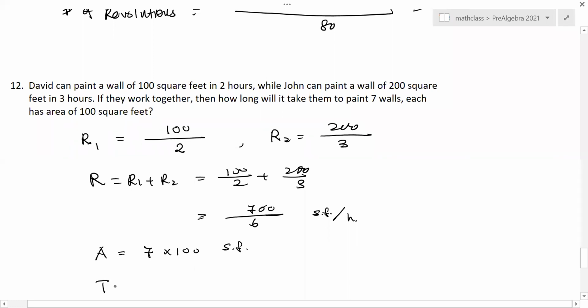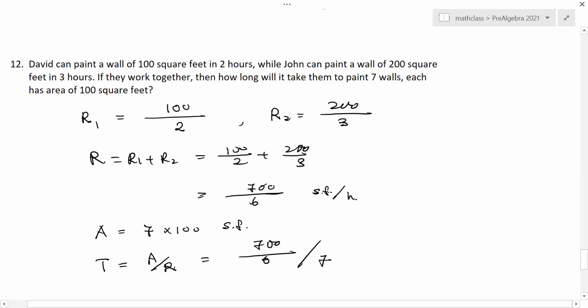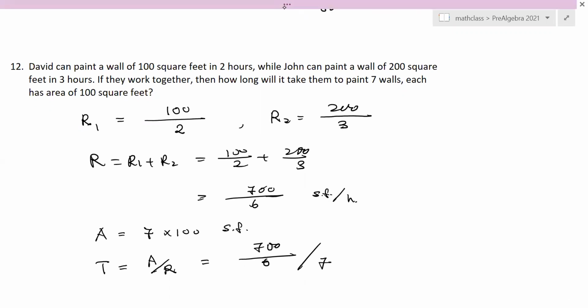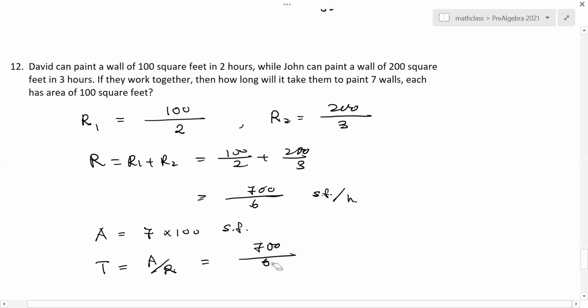So the time is going to be the area divided by the rate. It's going to be 700 divided by 700 over 6. Hold on, it's the opposite, yes.